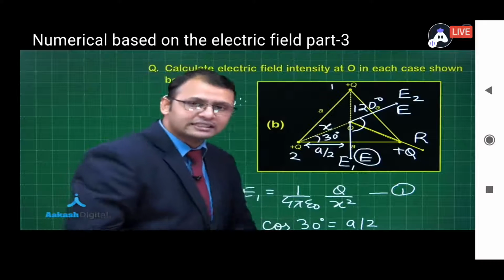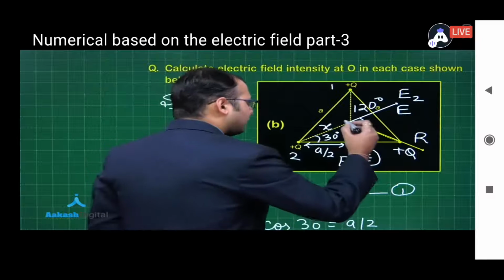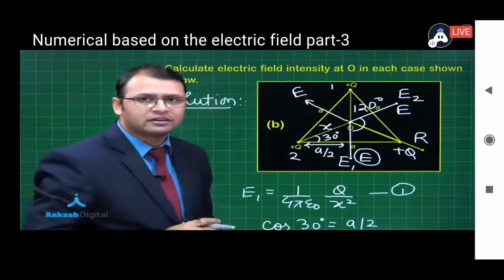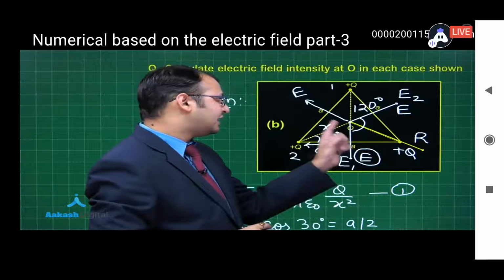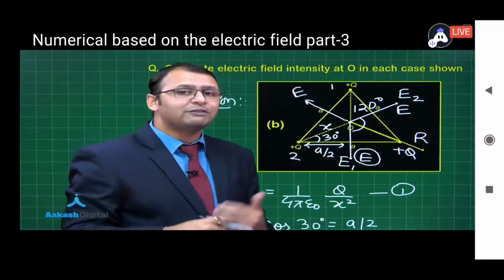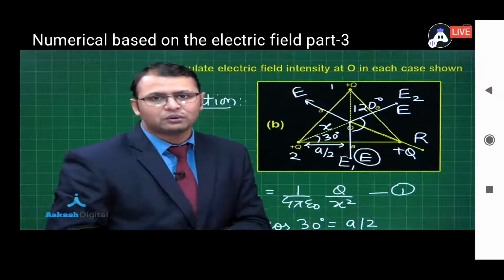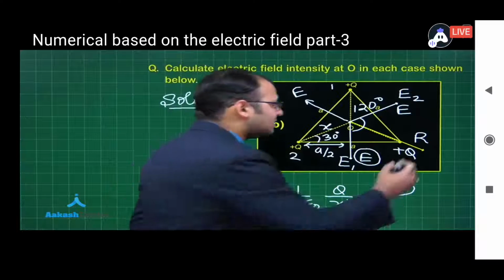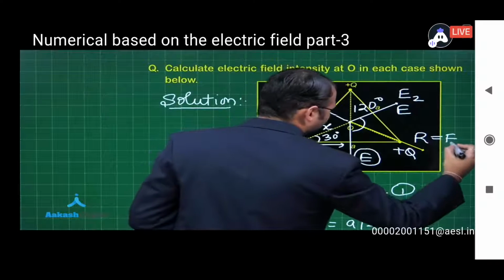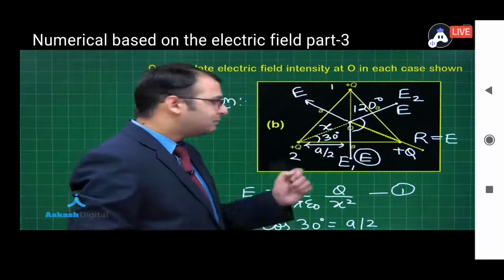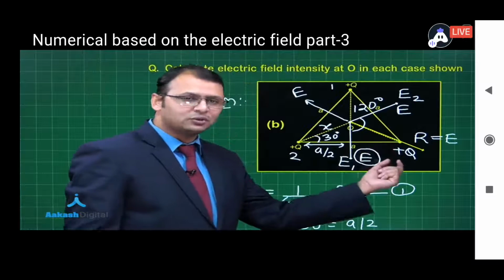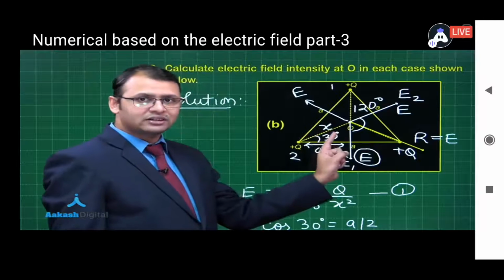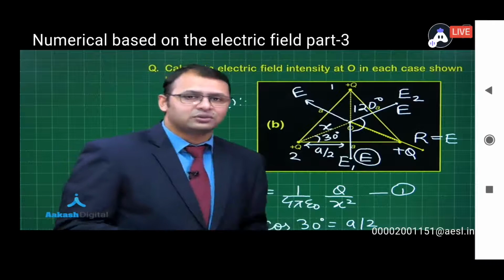What could have been the case? This could have applied an electric field in this direction, which could have been E. And due to this charge, the net electric field at O would have been 0. Why so? Because this electric field would have cancelled the resultant, which is equivalent to E. That means bringing the third charge plus Q here, equal to these charges, resulted in 0 electric field.